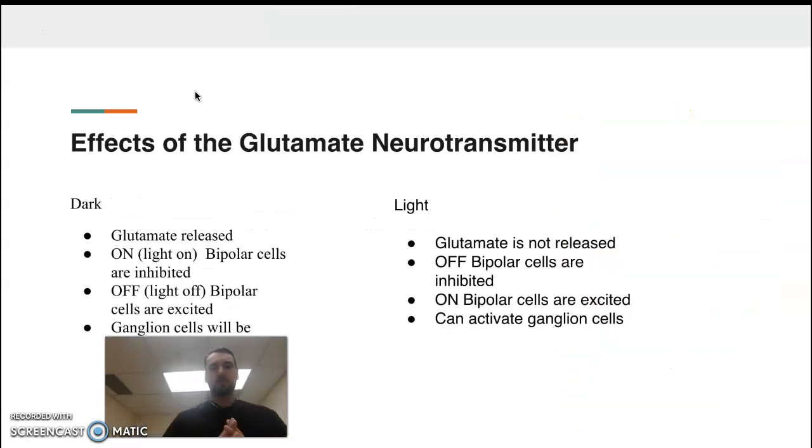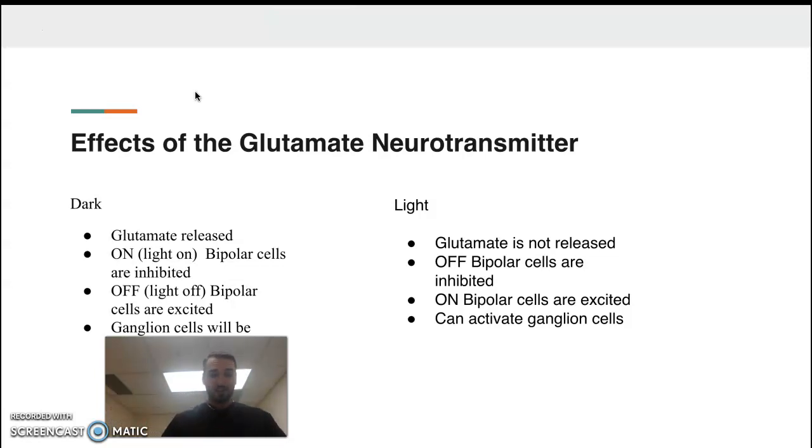All right, so now we get to the important part of why glutamate is important. So we're going to start with the dark phase. As we know, the cGMP levels remain normal, glutamate is released, and now it leads to the stimulation of bipolar cells. And as we know, bipolar cells connect the photoreceptors to the ganglion cells, which then lead to the optic nerve.